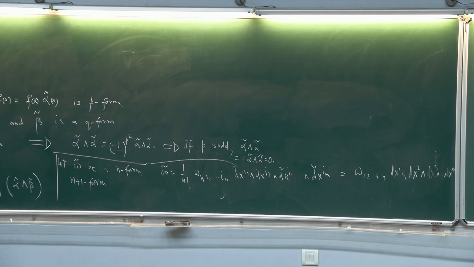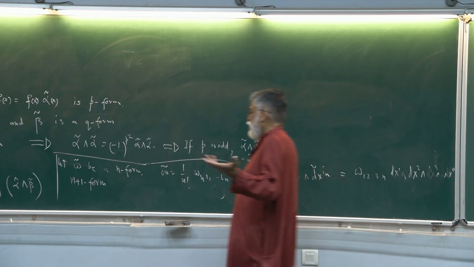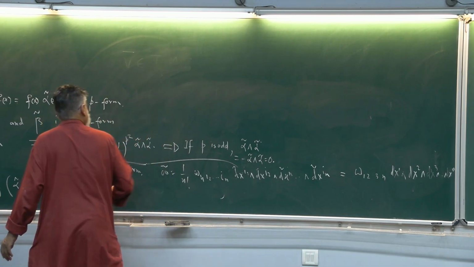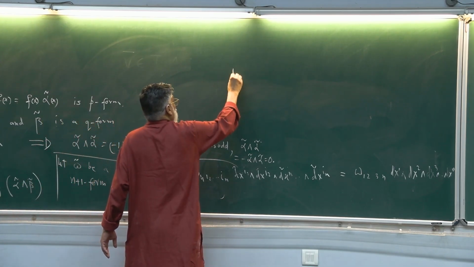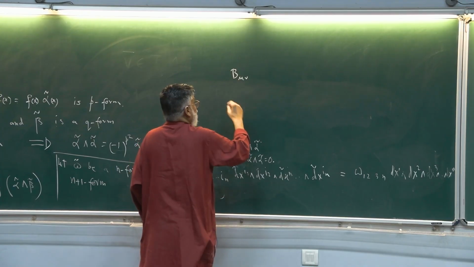But it's an important question. Supposing, you see, any second rank tensor can be written as a sum of even and odd parts. I hope those who have done tensor calculus know how to do that. So take B mu nu, a second rank tensor.